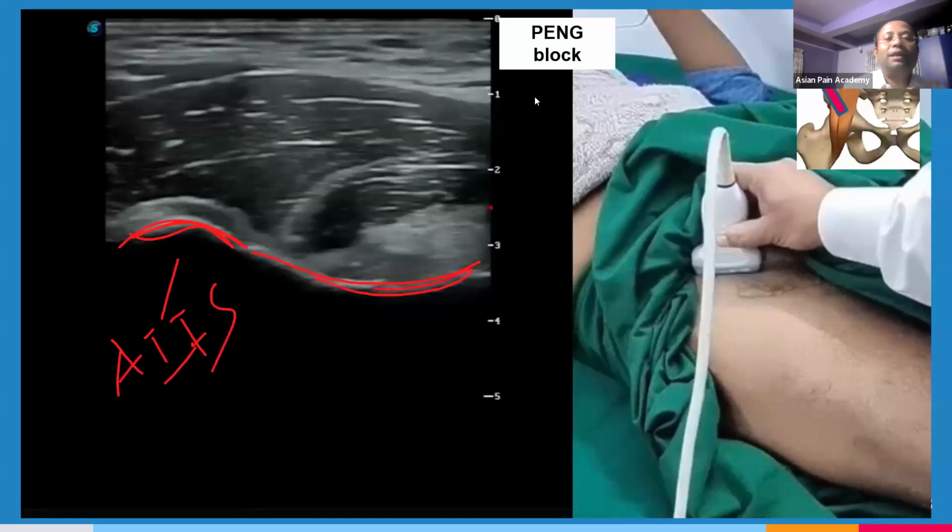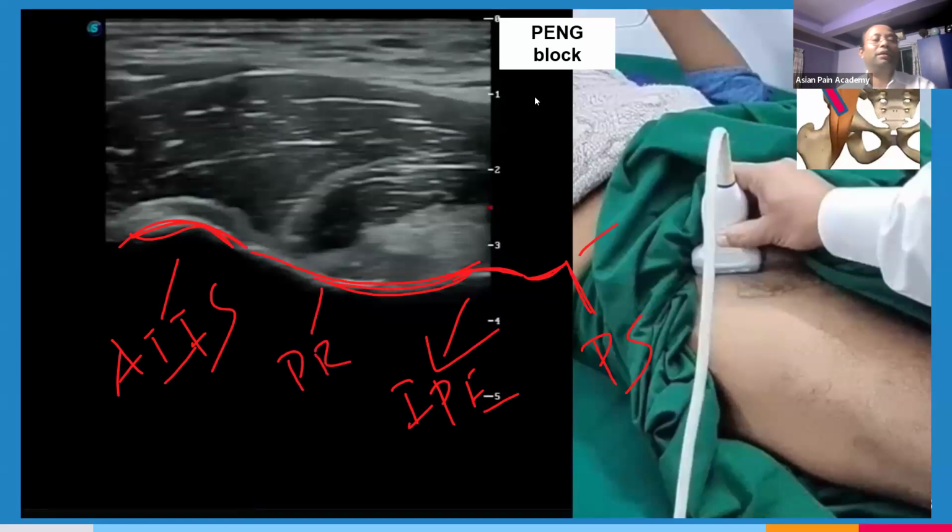This side is the iliopubic eminence. And here, of course, will be the pubic symphysis. This side, you will get the pubic symphysis. This is the pubic rami.